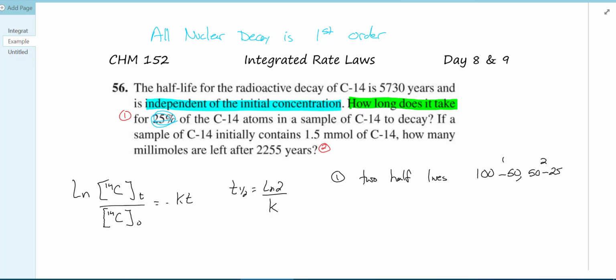So that means the time would be 11,460 years. So that would be question 1, right? 2 half-lives.